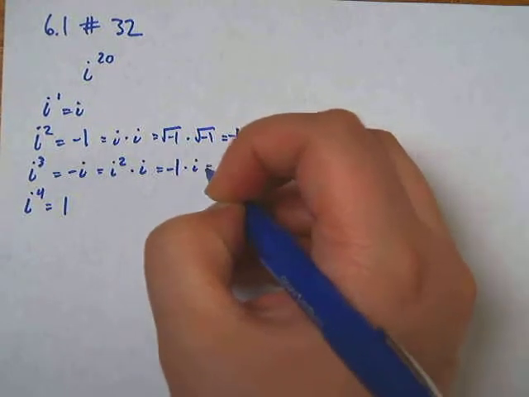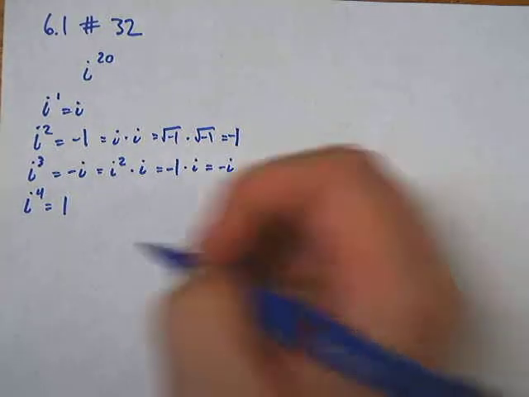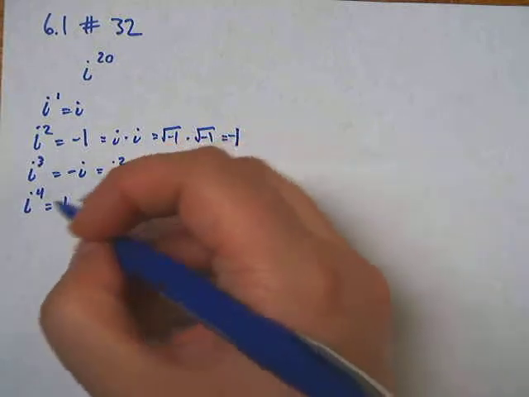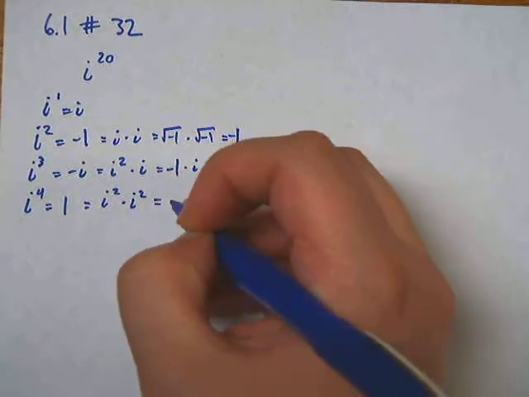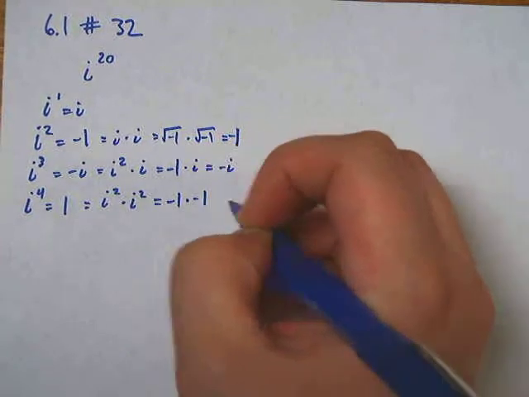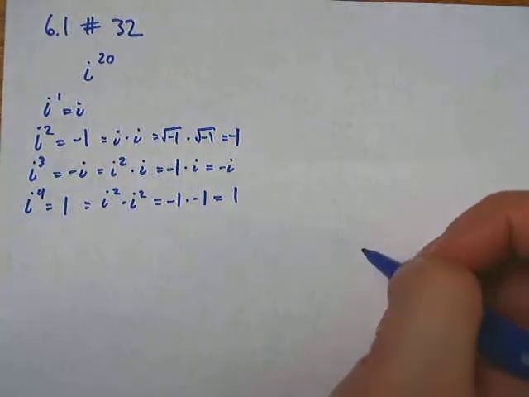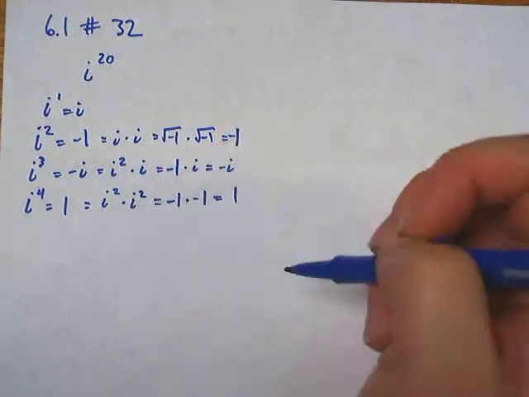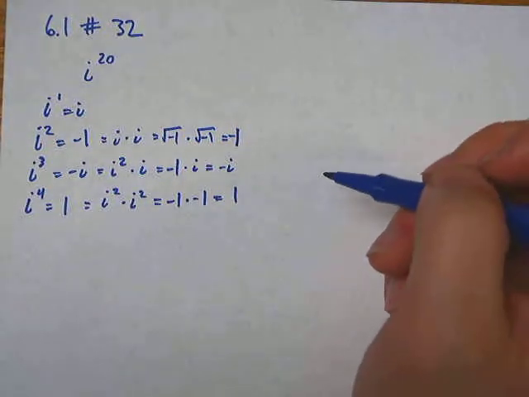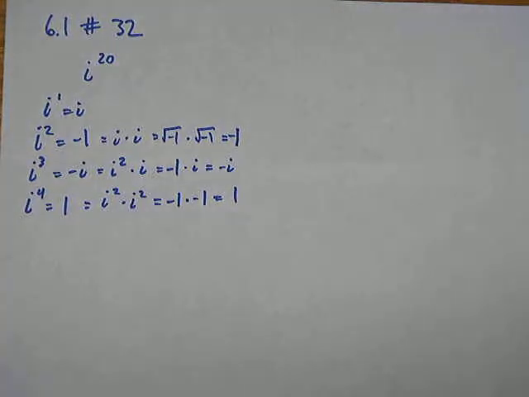So -1 times i is -i. And then i to the 4th can be broken down into i squared times i squared, which is -1 times -1, which is +1. So if we didn't know those already, we could derive those on our own. But anytime we're dealing with problems like this, it's a good idea to have those written down.